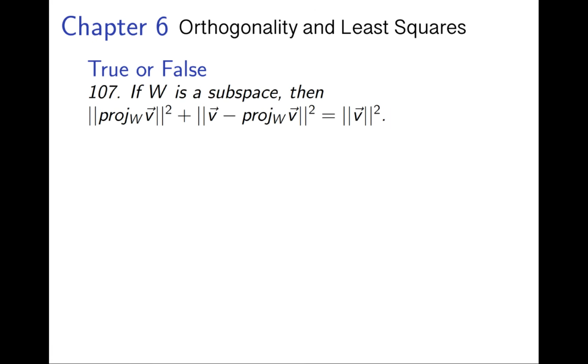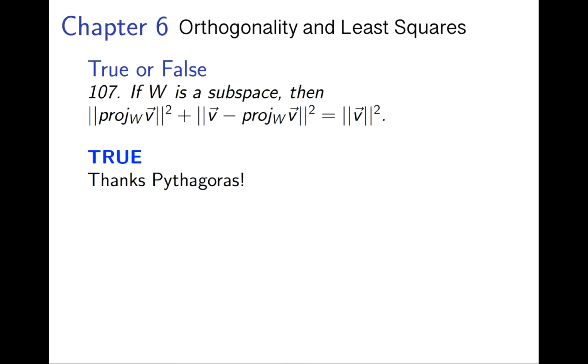Number 107. If W is a subspace, then the length of the projection onto W of V squared plus the length of V minus the projection onto W of V squared is equal to the length of V squared. And this is true.